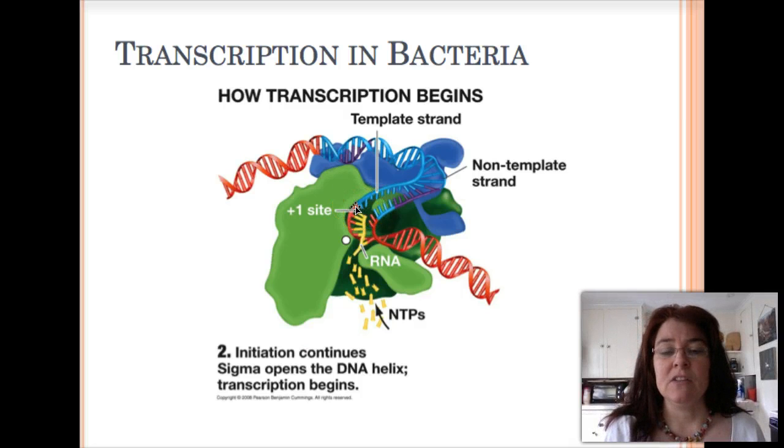That begins at this +1 site, which is where the blue region meets the red region. So it's here that we need to break open the double helix, here at the active site, where we're going to start taking these incoming NTPs, and the polymerase enzyme will add them on in a complementary fashion to the template strand of DNA.